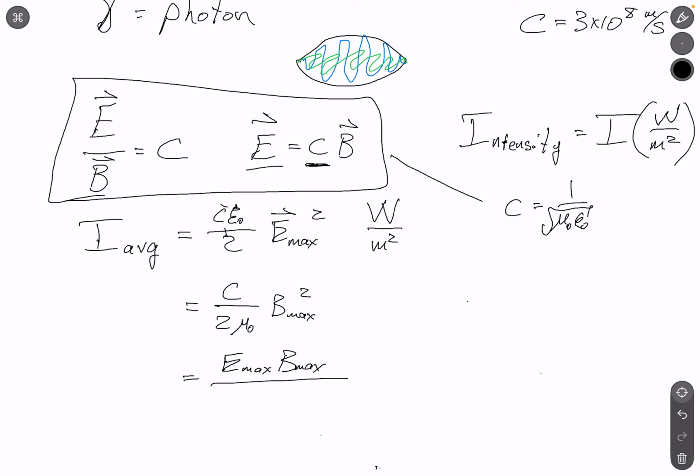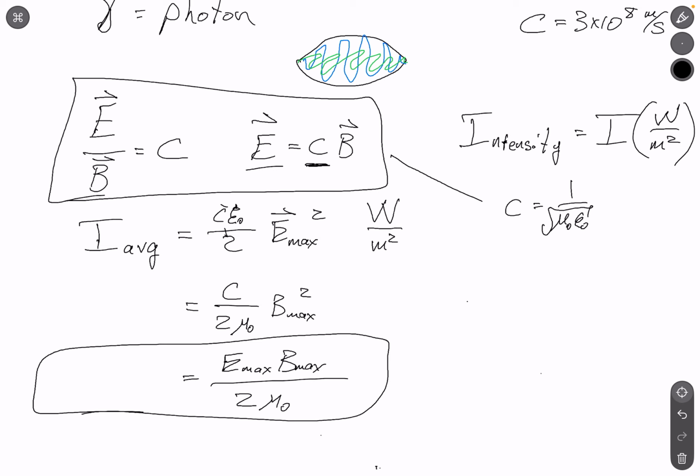You can prove it to yourself if you want to play around. You can substitute in these different things and show that the intensity is equal to each of these. It's not hard. You just take one of them and start substituting in C and B or E or whatever and get what you want.